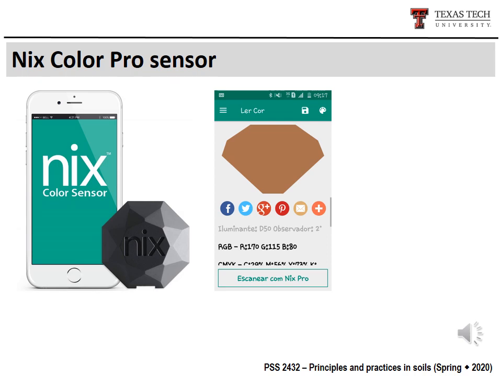It has a Bluetooth connection, and you can use your smartphone for connection, and you can record the color in different systems. For example, RGB, as you can see here, CMYK and CIELAB, among others.